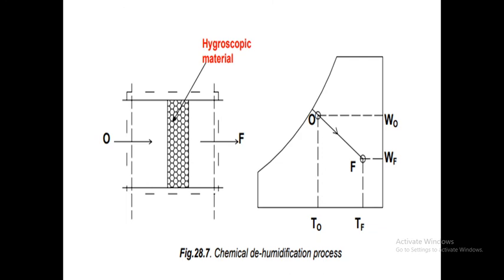So the initial humidity is higher than the final humidity. Moisture content is high at the initial DBT and less at the final DBT. Are you clear or not? So what do you observe from this graph? The temperature of the air is increasing and the moisture content is decreasing.